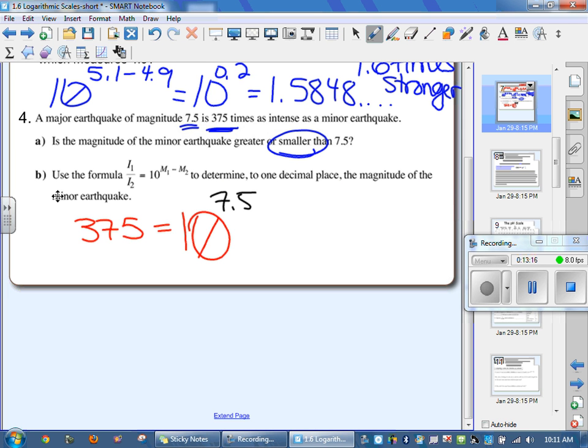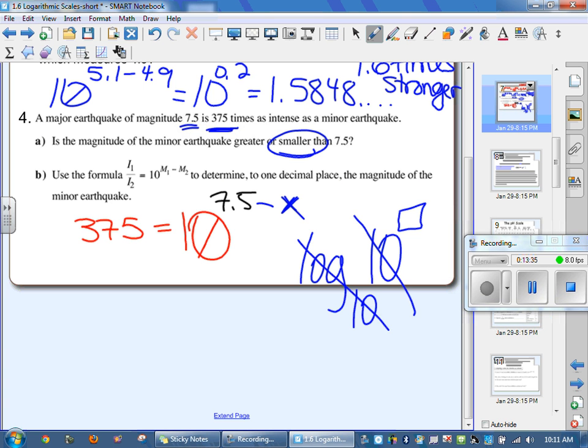Now, why is it called the log scale? Because we have to log both sides now. Okay? Now, what do we know if we log a base 10? If I go log 10 of 10, and I have an exponent up here, so these are going to cancel, aren't they? And my exponent comes down. That's the whole point of us doing this and logging both sides. Okay? So, let's log both sides and see what we get.